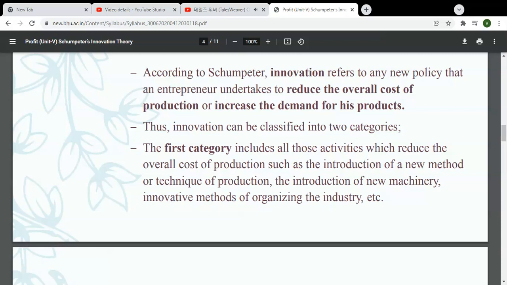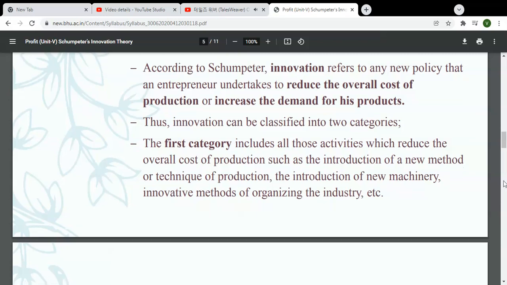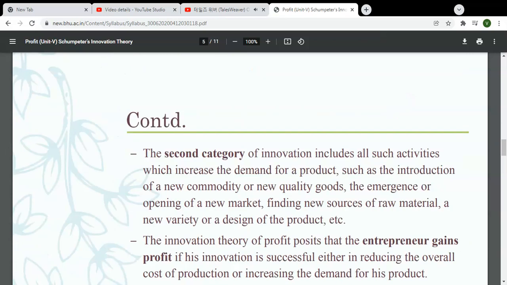Then the second category of innovation includes all such activities which increase the demand for a product, such as the introduction of a new commodity or new quality goods, the opening of a new market, finding new sources of raw material, or a new variety or design of the product.